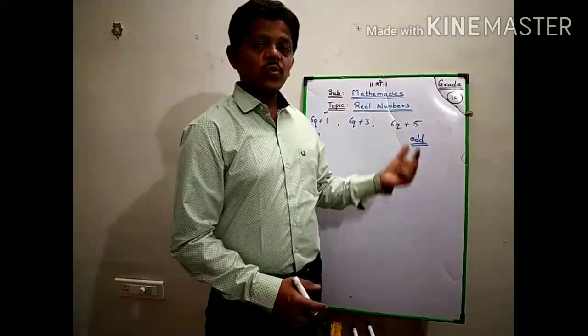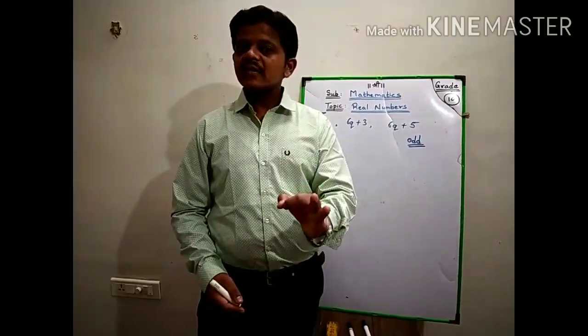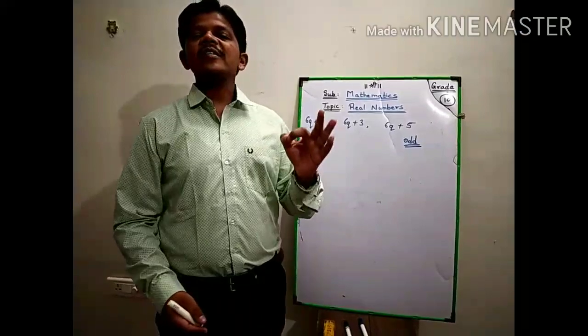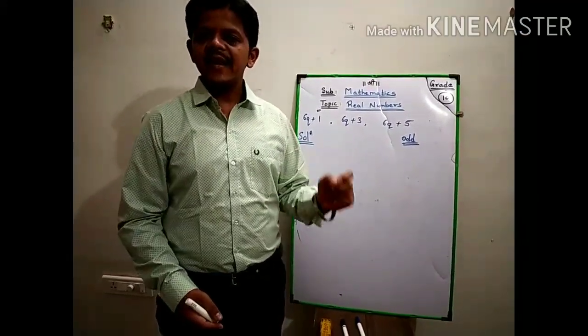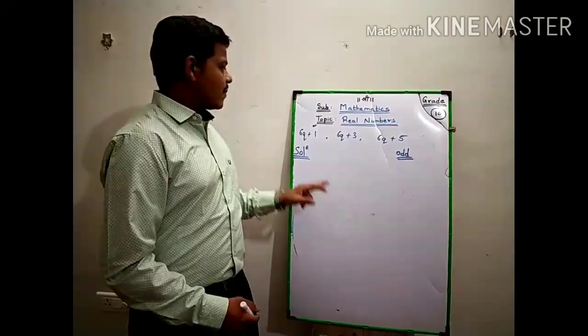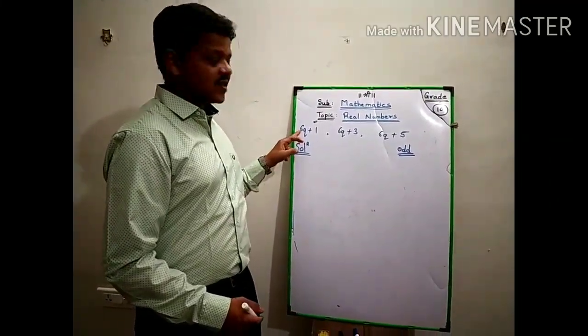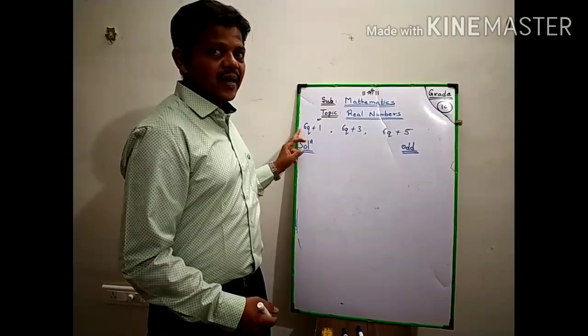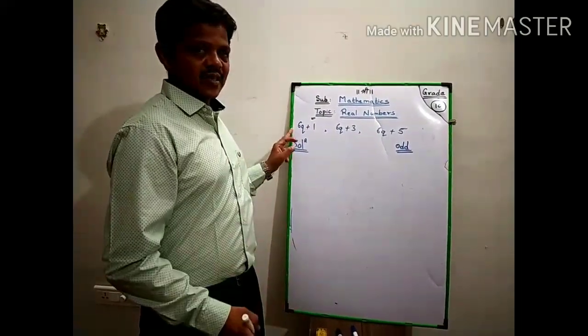When a form is asked to be proved, the solution will always start with a sentence: Let a be any positive integer divided by 6. Because see, it is BQ plus R, so here B is 6. The divisor becomes 6.